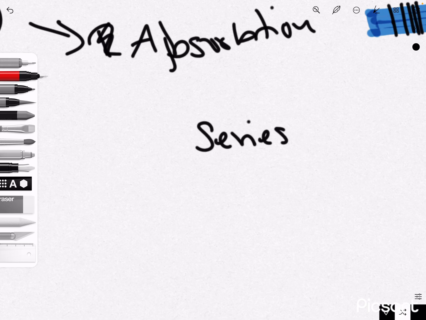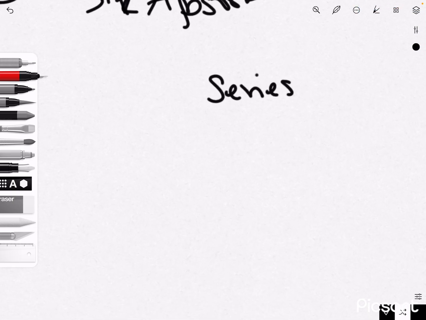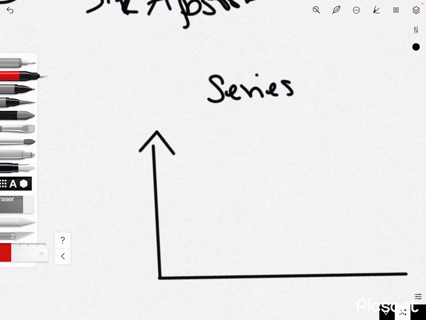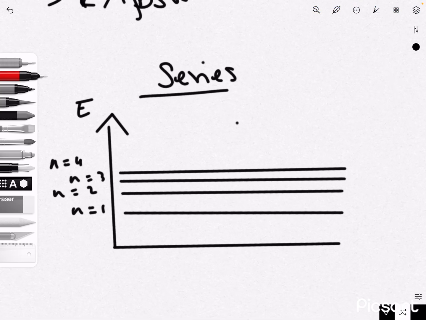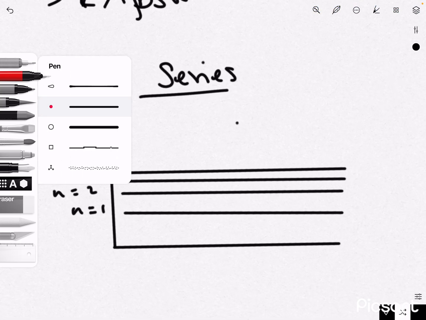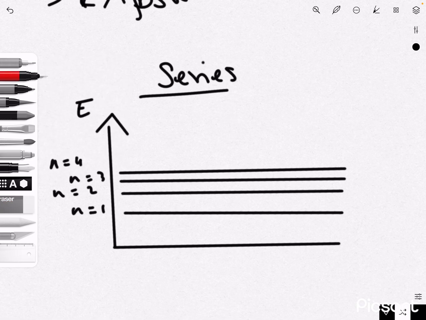So, let me draw something out very quickly. Here we have a horizontal model representing different energy levels.